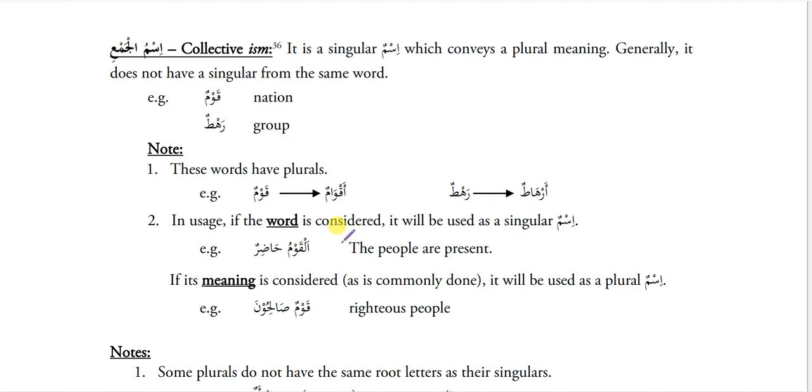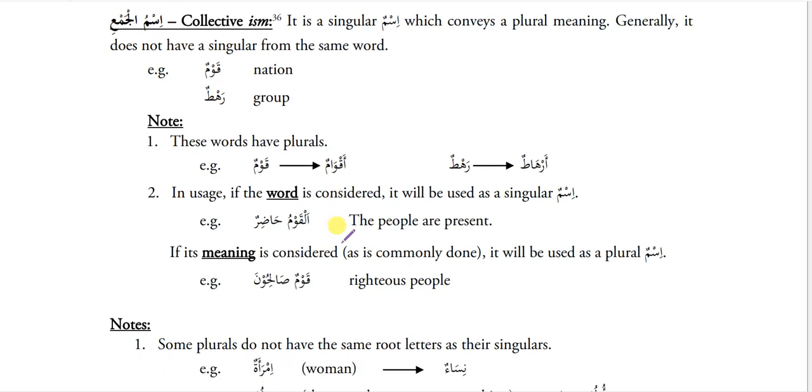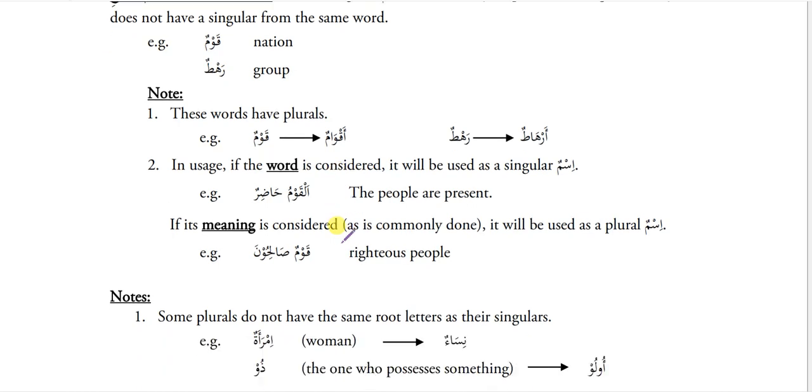Then we have ismu jama. Ismul jama means a word which is singular in nature but has the meaning of plural. For example, qawmun means nation, rahatun means group. So qawm and rahat, they both are wahid words, but we know the qawm does not mean one person, but it has a meaning of jama. They also have a jama, like the jama of qawm is aqwam, rahat is arhat, and these words can be treated in both ways.